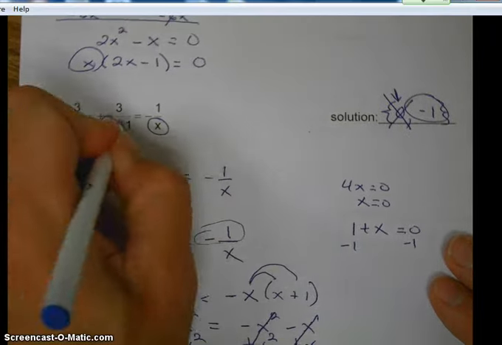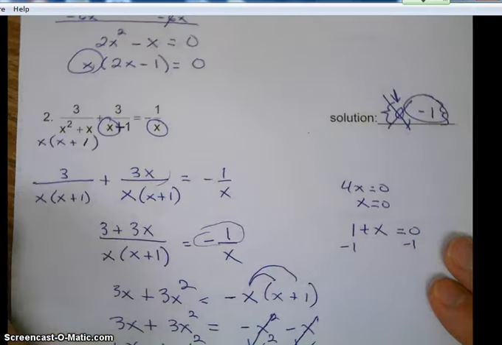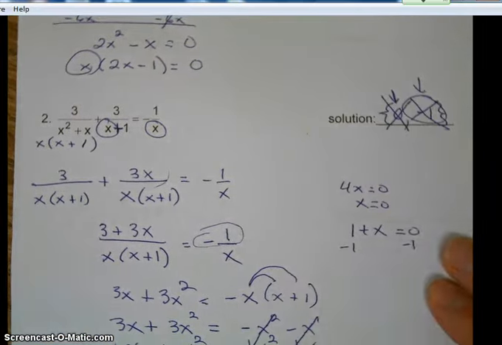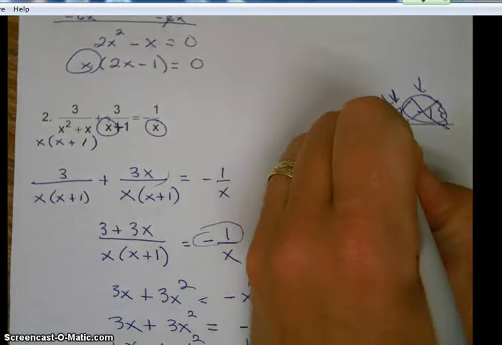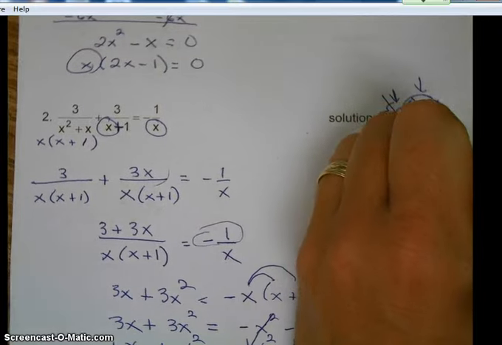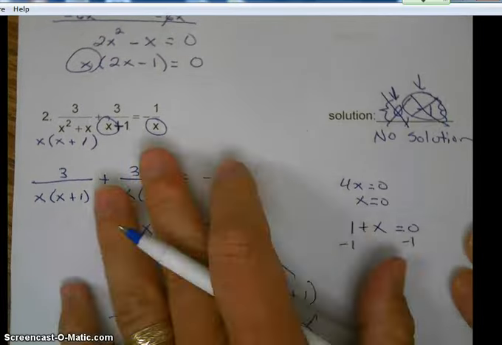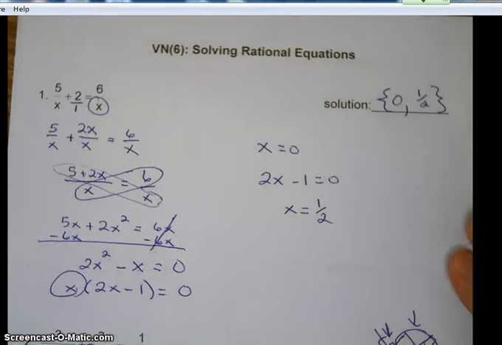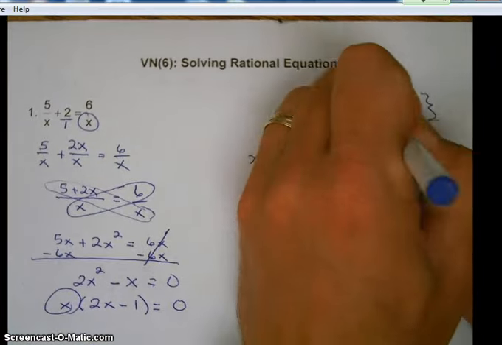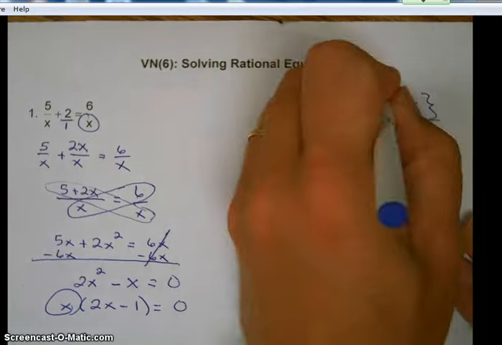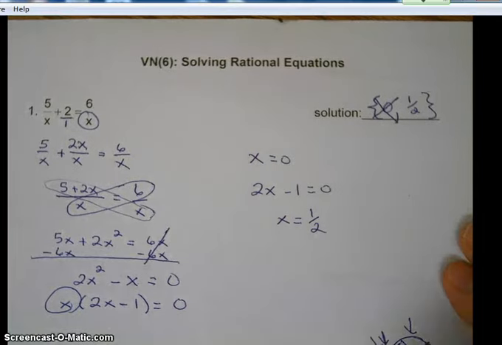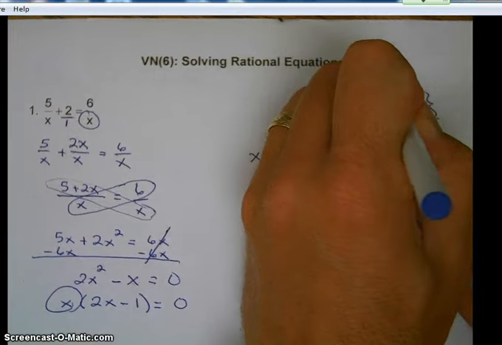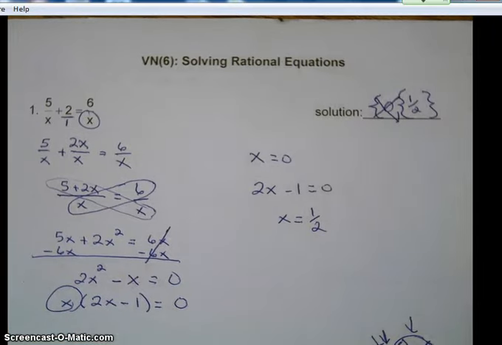Well, that was a plus, right? -1 plus 1, that's also 0. So that doesn't work. If none of the answers work, you write no solution. Let's go back up and check these answers. If I plug 0 in, we have division by 0, extraneous solution, so that one does not work. Plug a half in, yep, that works fine. So the only answer we have for number 1 is 1/2.